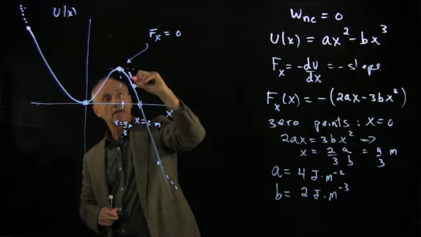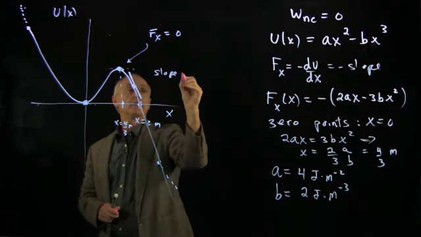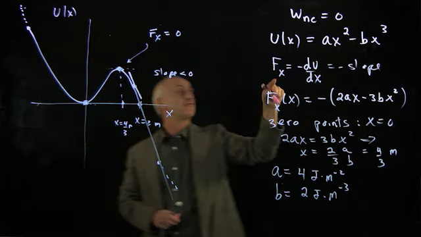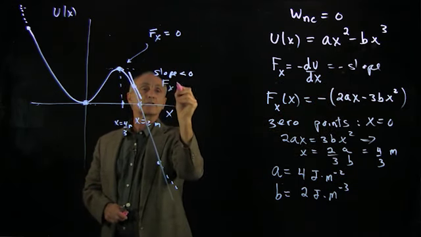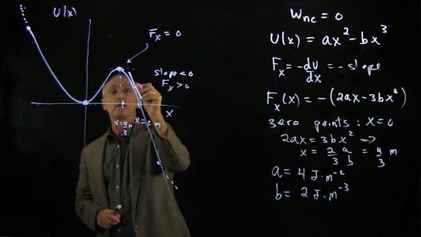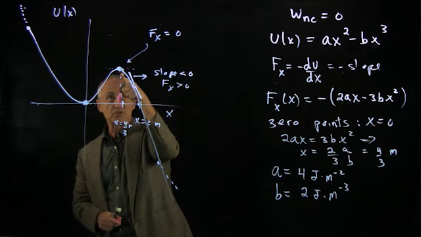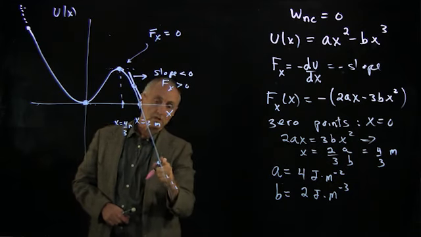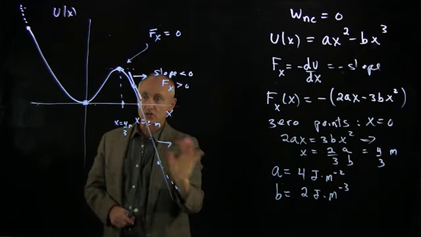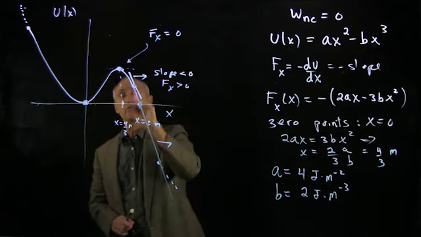Over here, the slope is negative, but the force is minus the slope, so f of x is positive on this side. And so if a particle is displaced a little bit from this zero point, it moves off to the right, and it will continue to feel a force in this direction, and so it will move away from this zero point of the force.